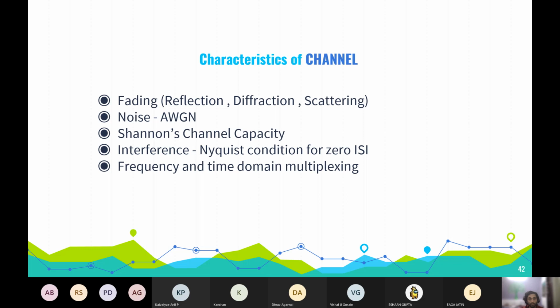Usually to model the noise, we use AWGN, and we will discuss what it is. And there is the channel capacity theorem. It basically tells the maximum capacity that we can get from a channel. So all the theory, all the algorithms that we design, we are trying to achieve this limit.